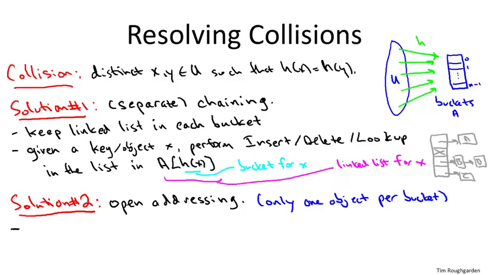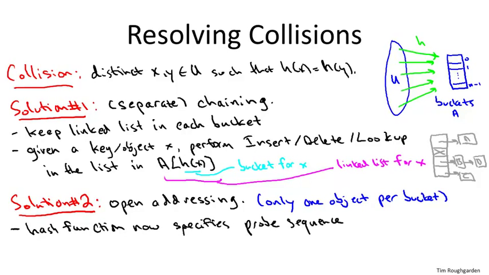That means there's no room for Daniel. So you're going to probe the hash table in some other position. A hash function is now going to be replaced by a hash sequence, where the hash function tells you the first bucket to try to insert Daniel, failing that, a second bucket in which to try to insert Daniel, failing that, a third bucket, and so on. And you just keep trying until you find an open position somewhere in the array.